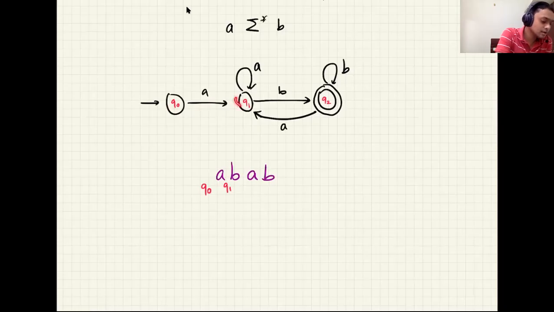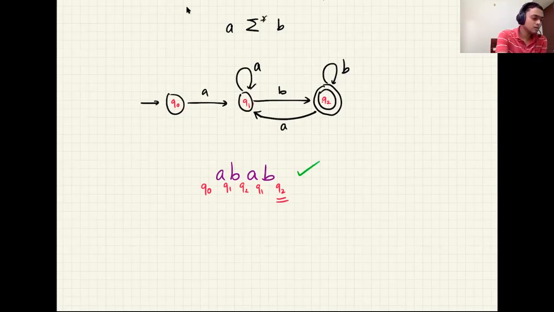At Q1, it will read a B and go to Q2. Now at Q2 it has to process an A, so it will come back to Q1. Then again it sees a B and goes to Q2. Q2 is an accepting state, so this word will be accepted.